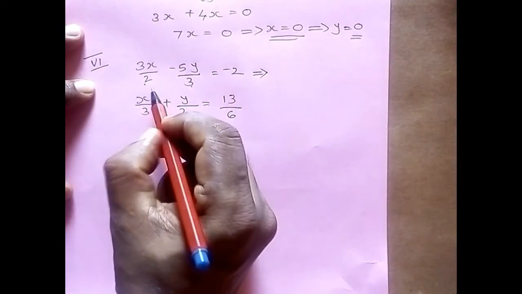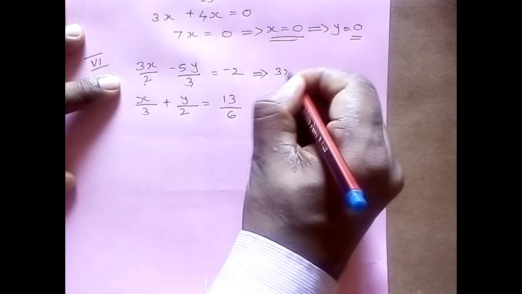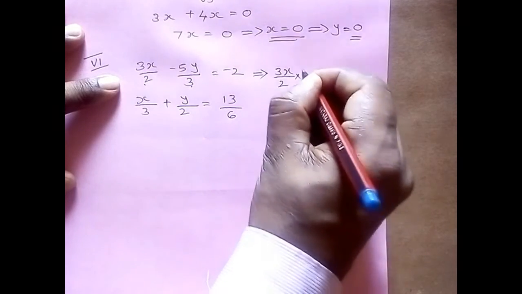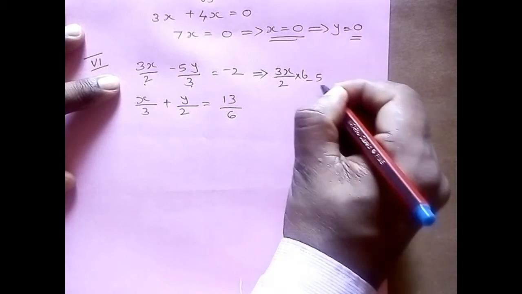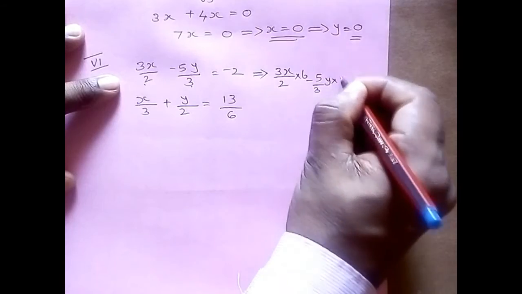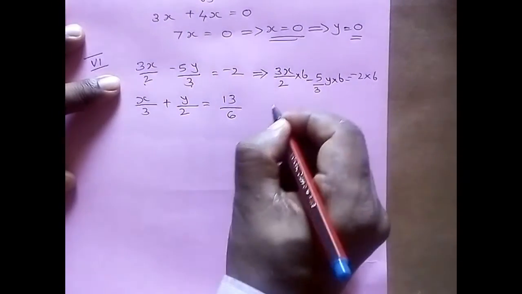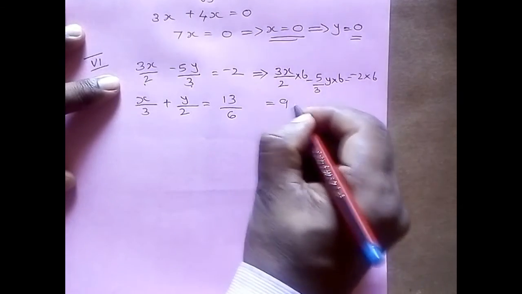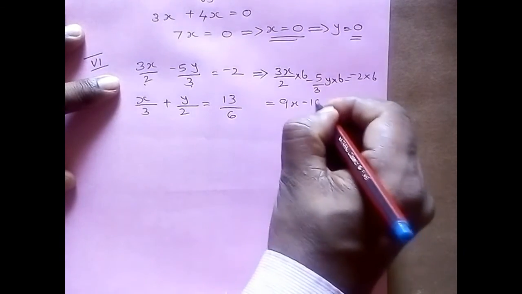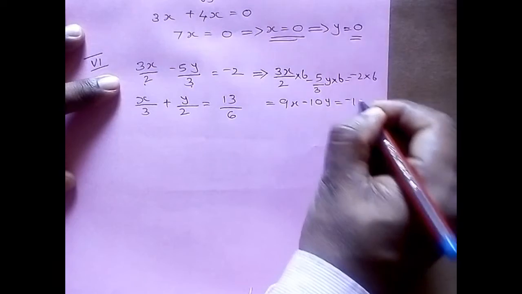If we multiply throughout with 6, we get 3x divided by 2 into 6 minus 5 by 3y into 6 is equal to minus 2 into 6. That is equal to 9x minus 10y equal to minus 12.